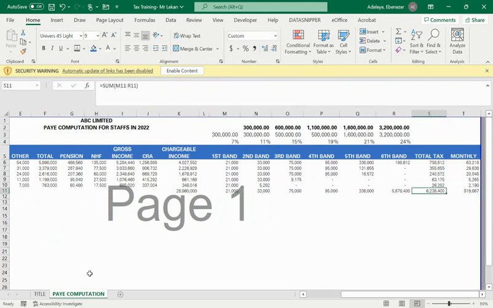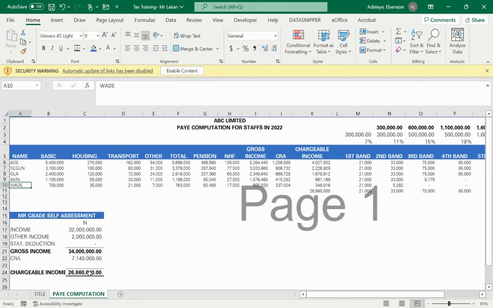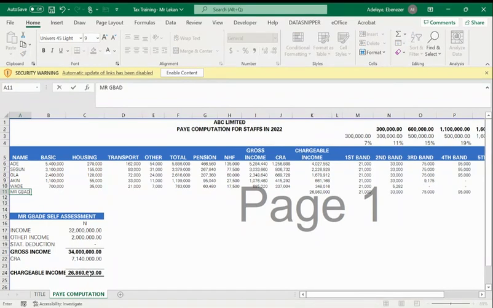It tells us the total tax, tells us the monthly tax. That is the beauty in formalizing our Excel sheet. It just populated by itself. So we can call this self-assessment.